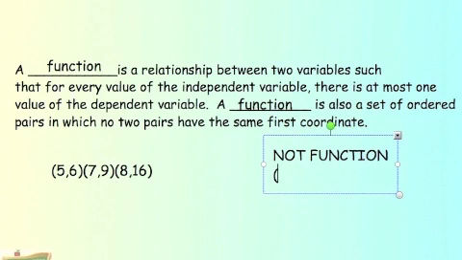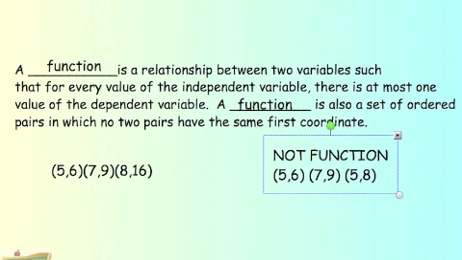If you're given points such as (5, 6), (7, 9), and (5, 8), that is not a function because I have a pair that has the same first coordinate. It has the same x coordinate. That is not a function.